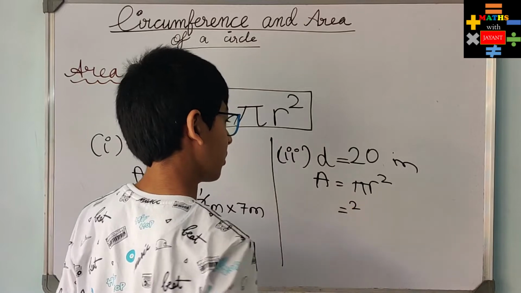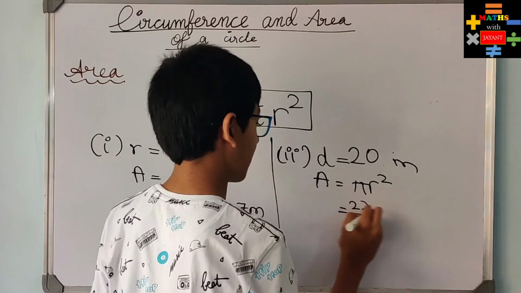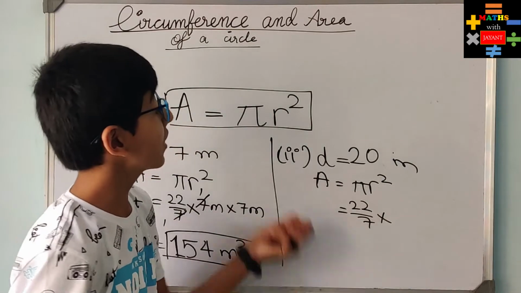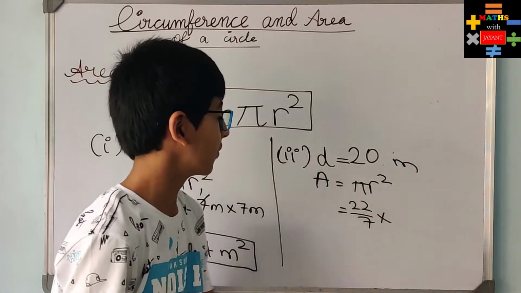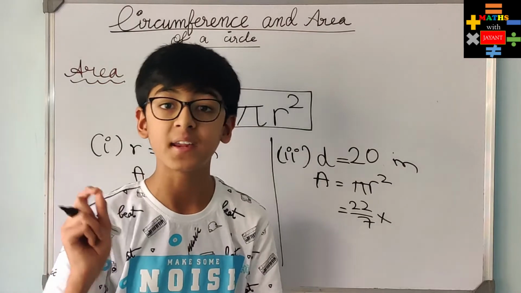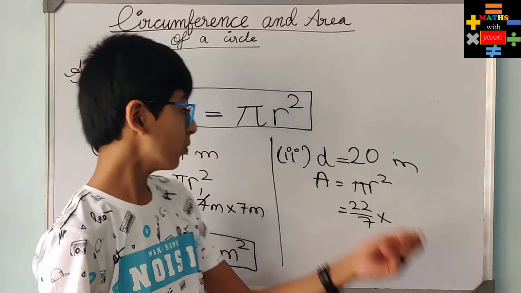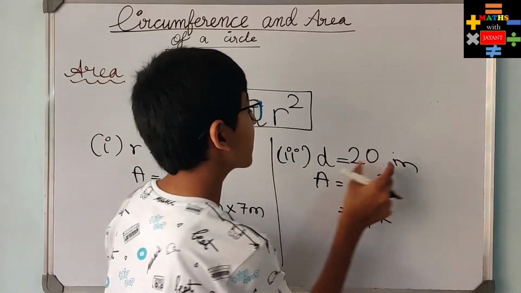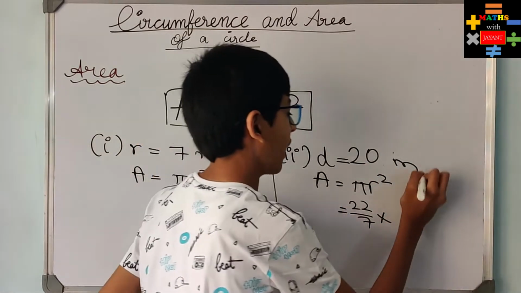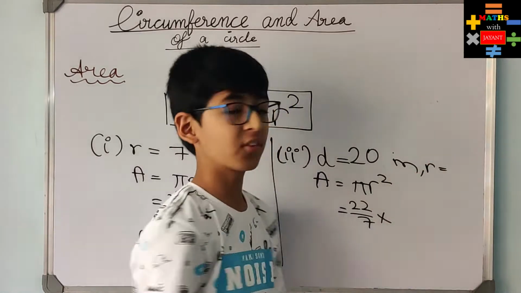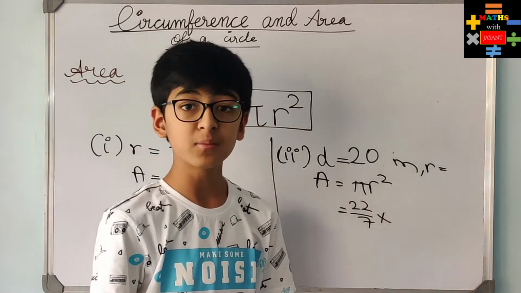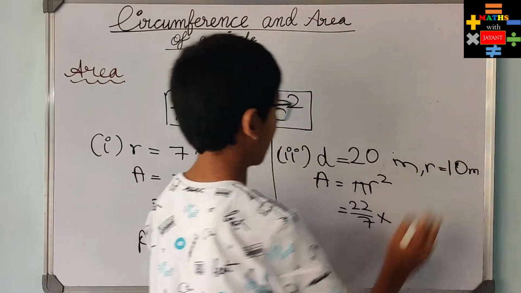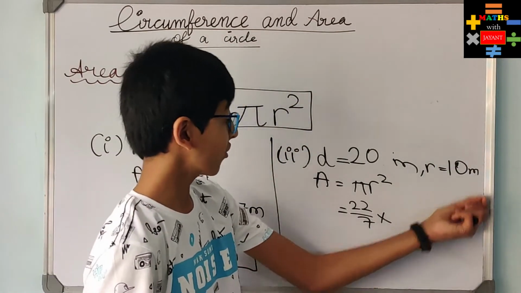Put in the values. 22 by 7 into radius squared. Wait, caution. Over here we are given the diameter and in the formula we have to put the radius. Now what should we do? The easiest is, we are given the diameter, find the radius. Diameter is 20 meter. The radius of the circle would be 10 meter, right? Because radius is half of diameter and half of 20 is 10. So radius is 10 meter.